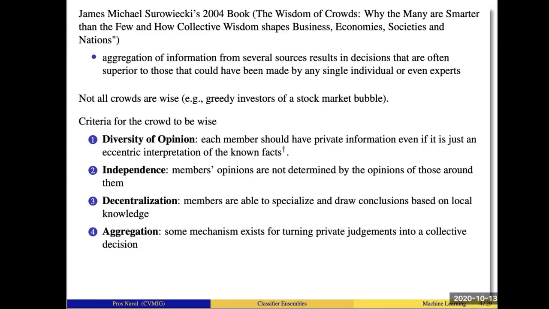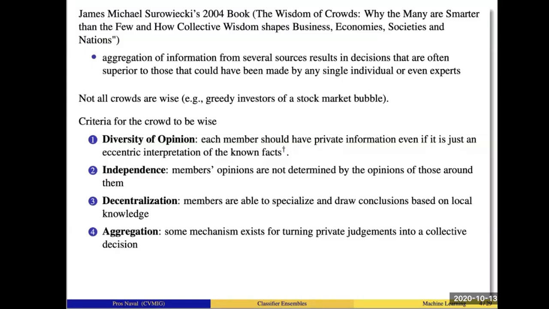It's another condition for the crowd to be wise. The members' opinions are not determined by those around them. This is very important because a mob is a crowd, but they think in the same way. So there's no diversity in the first place, but they're not even independent. The members' opinions should not be influencing each other.